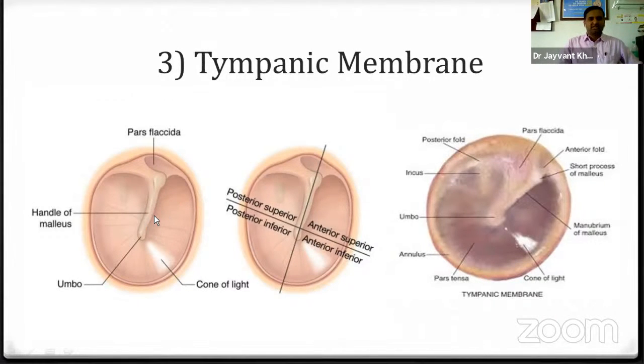Handle of malleus, umbo region, cone of light. There are four quadrants: anterior superior, anterior inferior, posterior superior, posterior inferior. You can see in this picture pars flaccida, pars tensa, and the cone of light present in the anterior inferior quadrant.